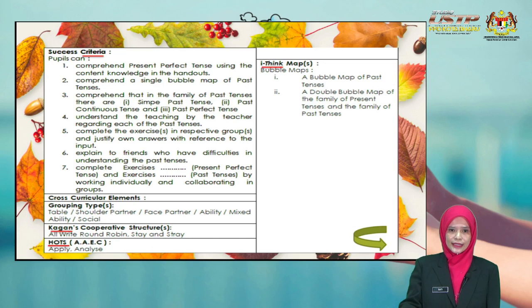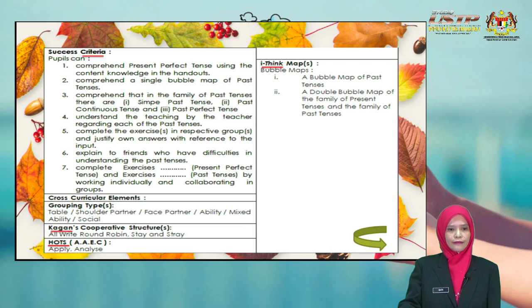Complete the exercises in respective groups and justify own answers with reference to the input. Explain to friends who have difficulties in understanding the past tenses, and complete exercises for present perfect tense and for past tenses by working individually and collaborating in groups.